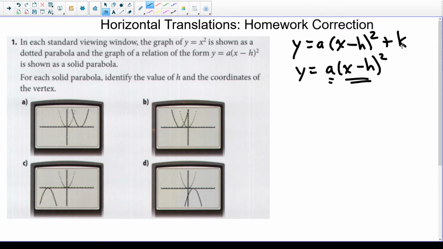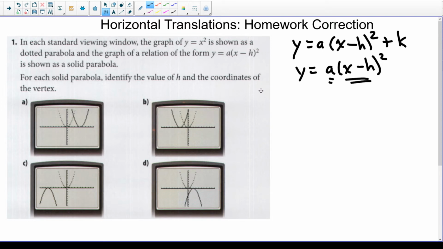So the k value is going to be 0, which means the parabola won't have moved up or down, but this means move left or right. Just a quick reminder, if the sign inside the bracket is a negative, that means the parabola is moving right. If the sign inside of the bracket is positive, that means the parabola is moving left.